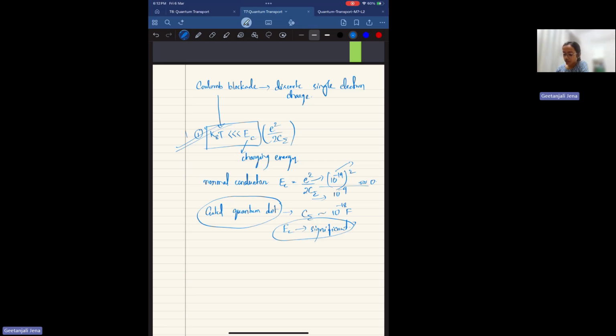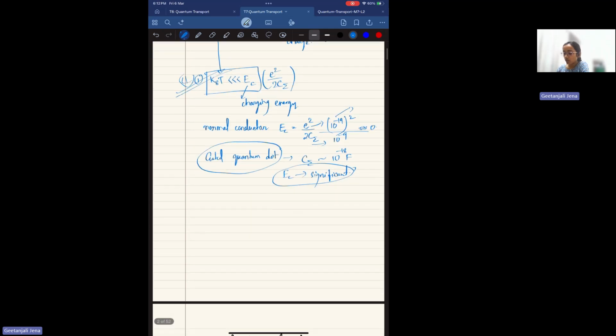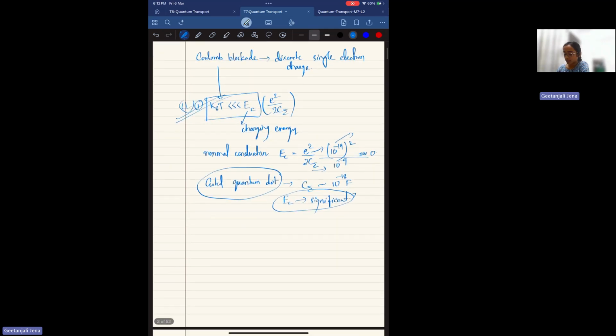But this is not a sufficient condition. Even though we have a higher amount of charging energy, and even though the thermal energy is less, we won't see any Coulomb blockade effect unless we satisfy the second condition.